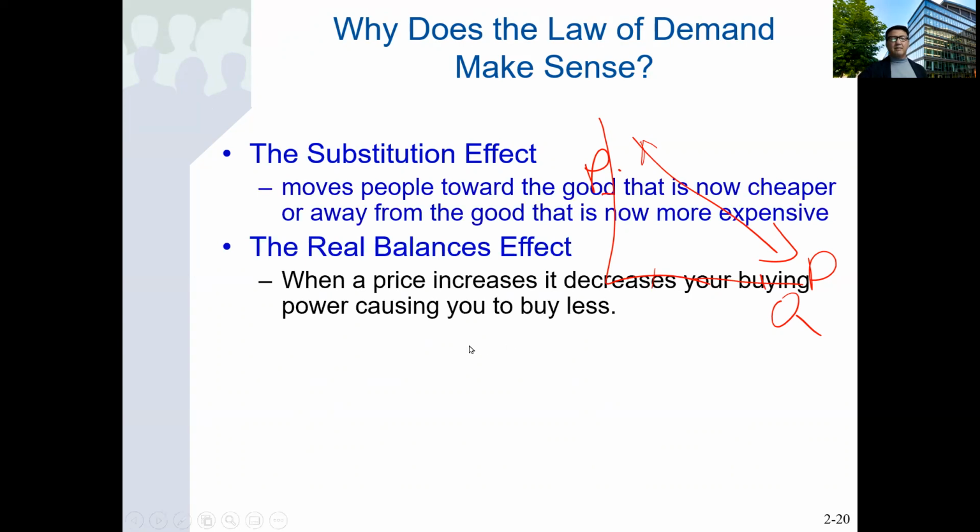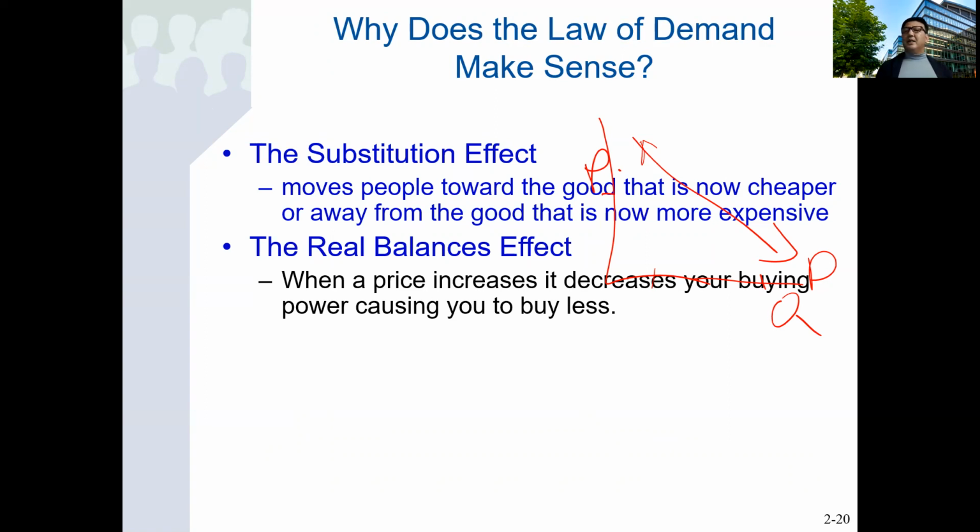Next, the real balance effect. The real balance effect is when a price increases, it decreases your buying power, causing you to buy less. It is a very technical term, but it essentially means that when the price increases, your purchasing power decreases as well.